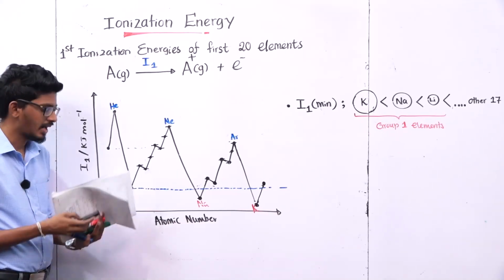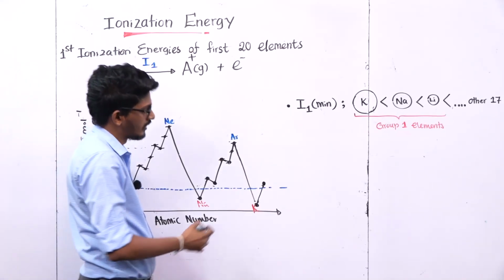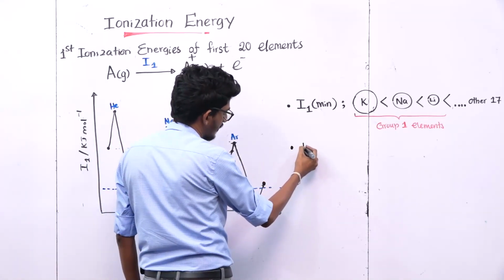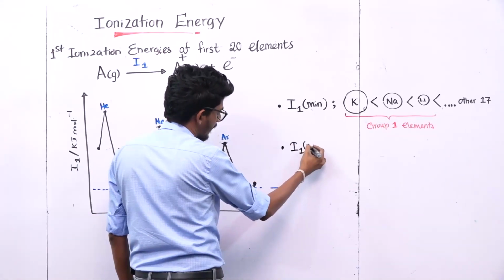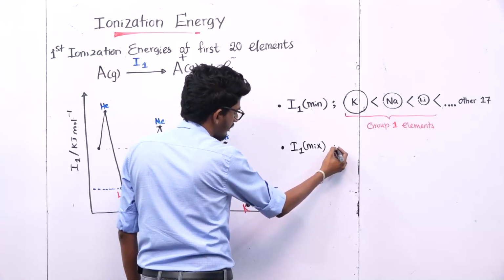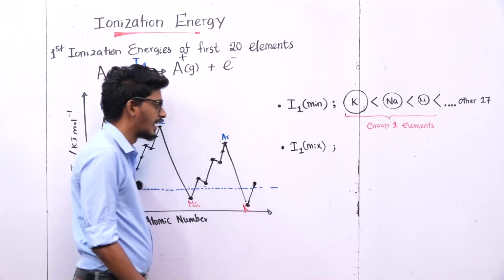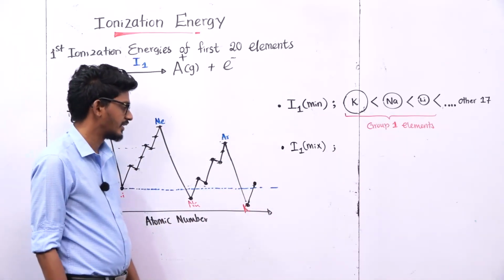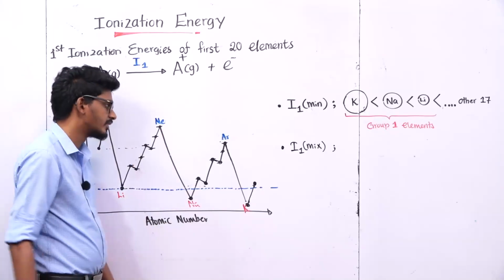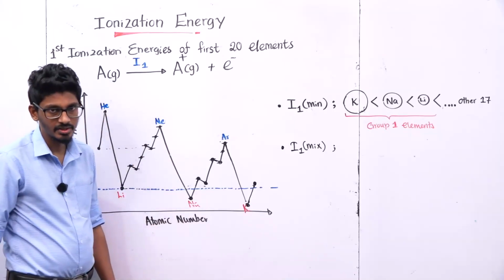The maximum I1s. So, when we are discussing the maximum value along a period for the I1, it was shown by the group 18 element. Why is that?